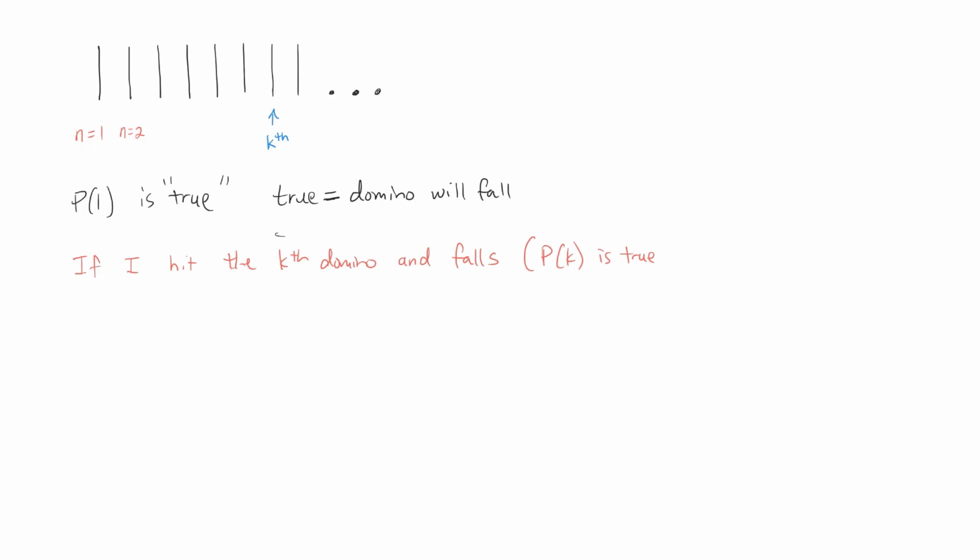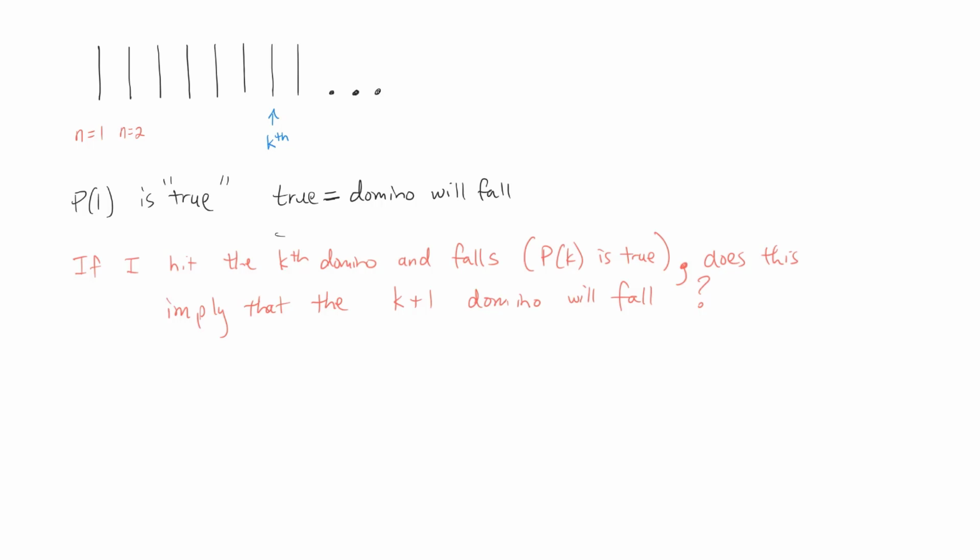So true means the domino will fall, right? Does this imply that the k plus 1 domino will fall? So that is really the question.